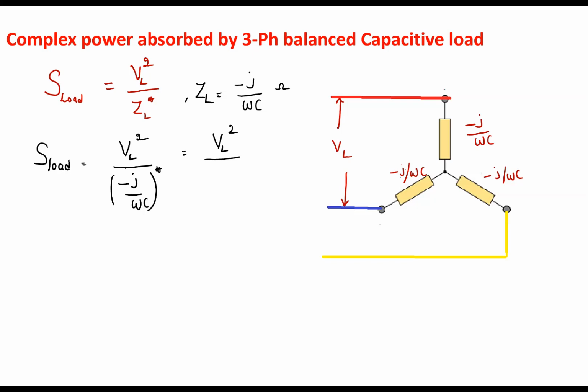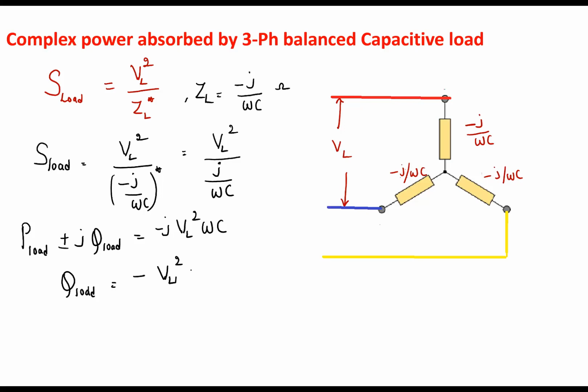If it goes on top, let me do one more step, j divided by omega C. So S load, if I split it into P load plus or minus j Q load, it will become VL square omega C, and this j will become minus j. So reactive power absorbed by the load is minus VL square omega C var.